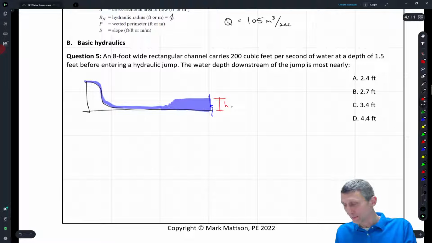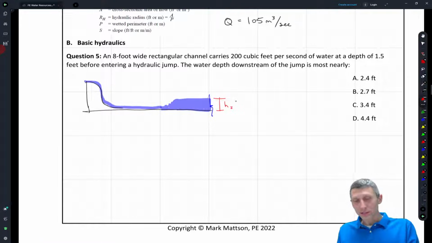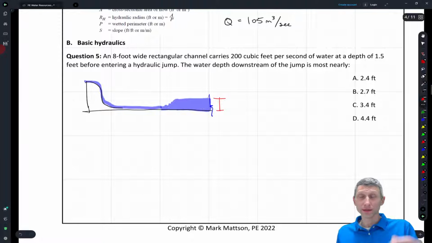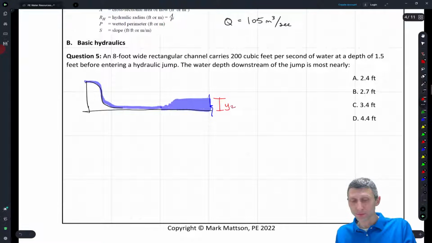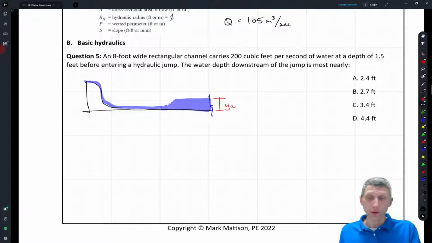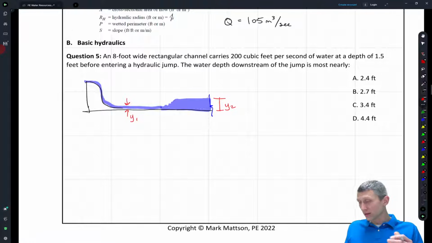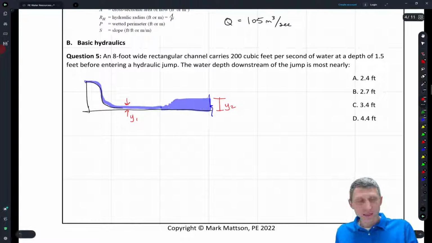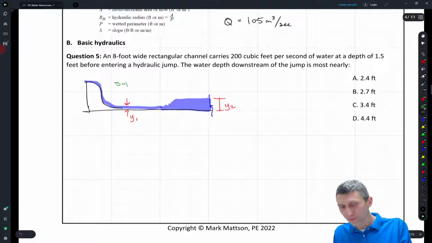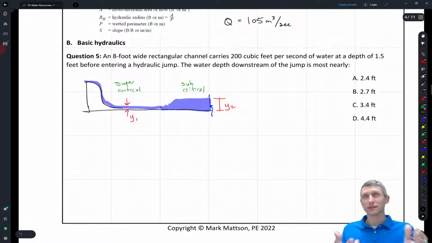To be consistent with the notation in the reference handbook, I'm going to call that y2. Well, where's y1? y1 is just this value here, which is going to be the supercritical value. So there's supercritical flow, and there's subcritical flow, and those are two concepts that you need to understand a little bit.